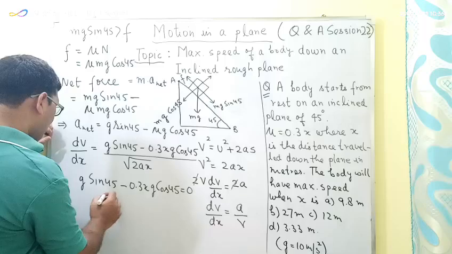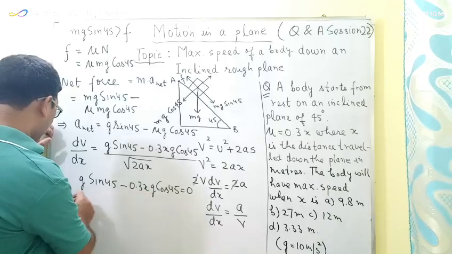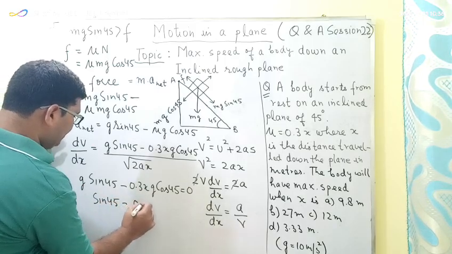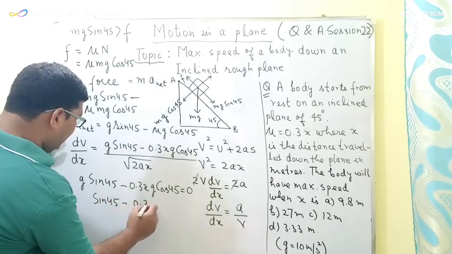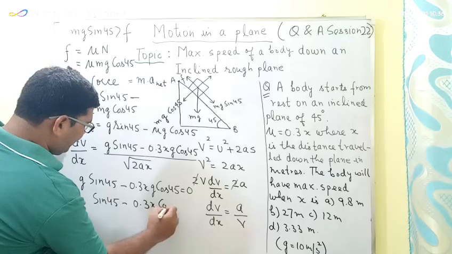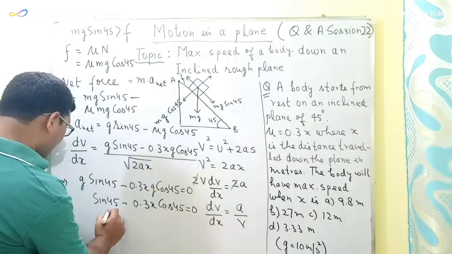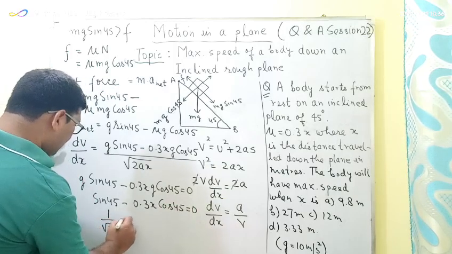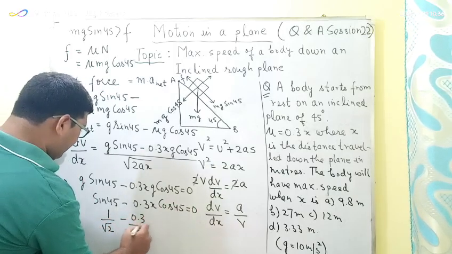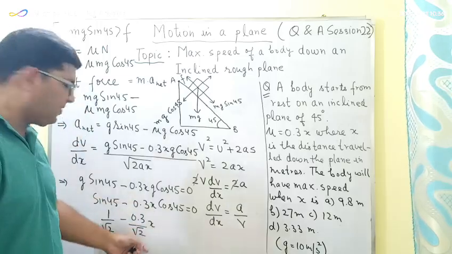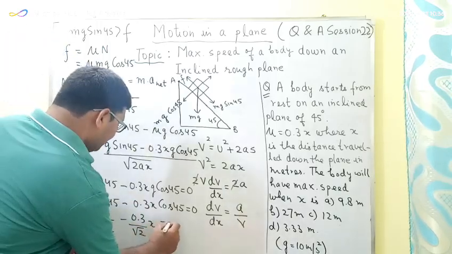From here we can simply say that sin 45 minus 0.3x cos 45 should be equal to 0. So sin 45 is equal to 1 upon root 2, minus 0.3 upon root 2 times x, because cos 45 is also equal to 1 upon root 2, and this is equal to 0.